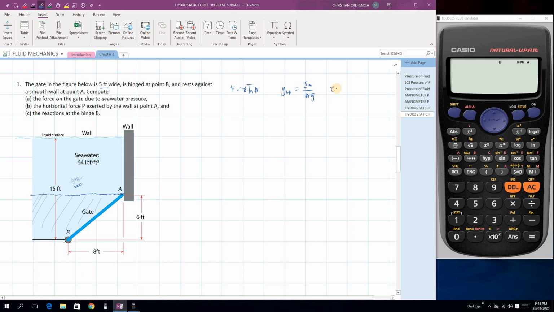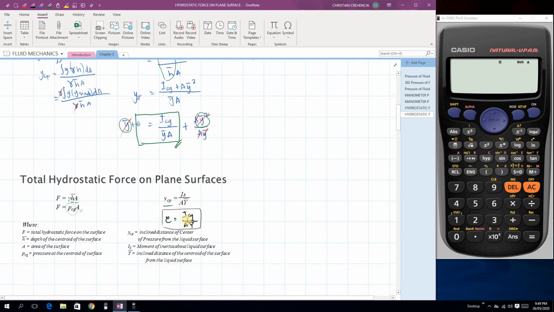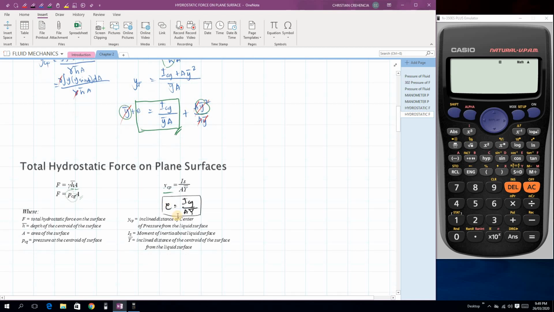Pero yung distance e from yung location of force from the centroid ng area is equal to moment of inertia about the center of gravity, ICG over area y bar. So yun na-derive natin nung previous. Okay? So pinagkaiba lang pag YCP is from the liquid surface yung moment of inertia, then ICG kapag from the centroid, yung distance E.